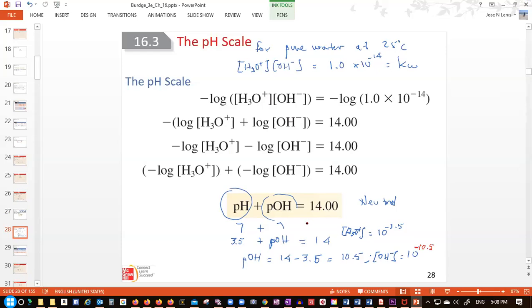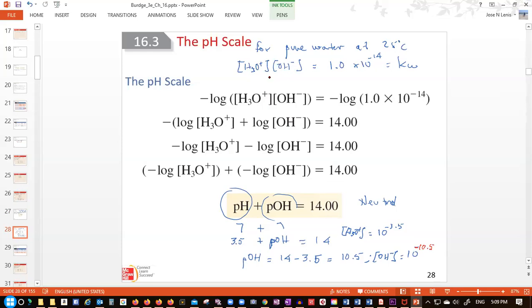So we have a couple of equations that can help to understand relationships between concentrations and pH or pOH of a solution. This expression here, you can also use it to find concentrations. For example, if you know the concentration of H3O plus, you can find the concentration of OH minus.